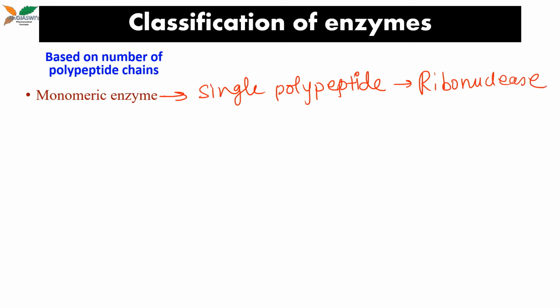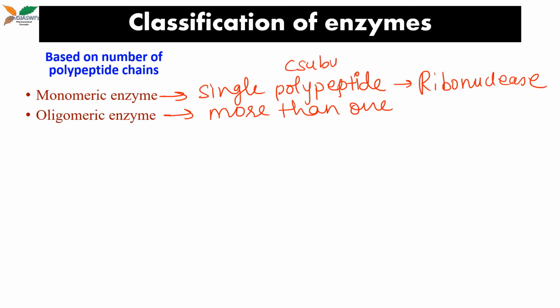And second type is oligomeric enzyme. Oligomeric enzymes possess more than one polypeptide chain or subunit. We can call this a subunit also. So if more than one polypeptide chain is there, then we can call those enzymes oligomeric enzymes.